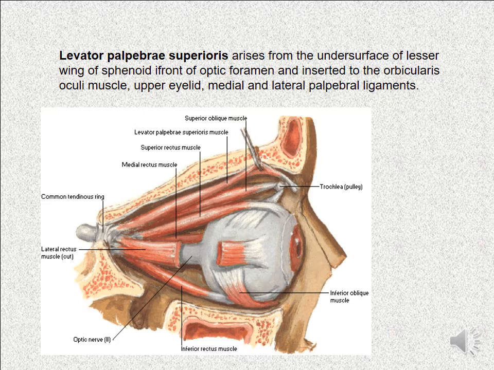Its insertion is in the orbicularis oculi muscle in the upper eyelid and the medial and lateral palpebral ligaments.